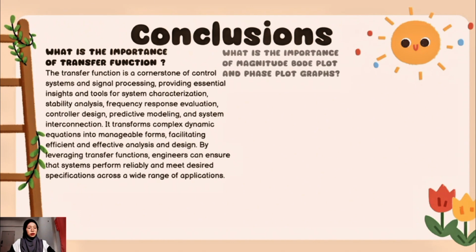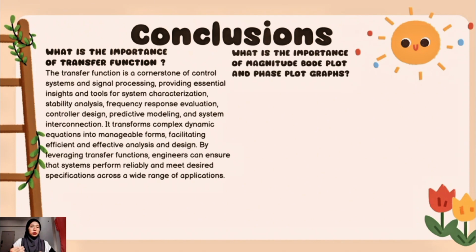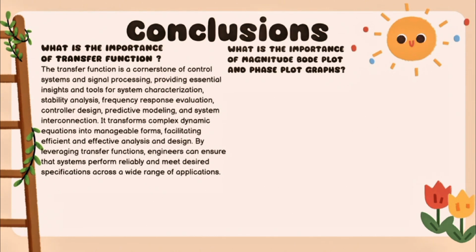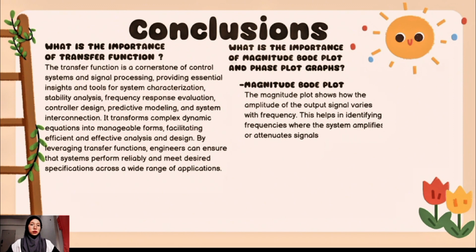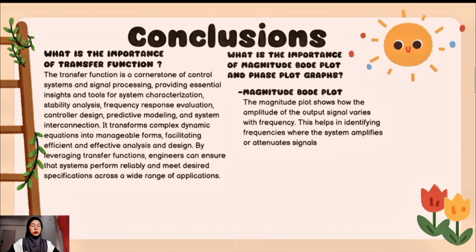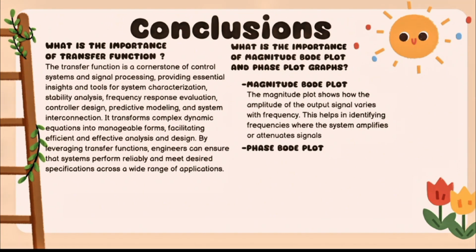So next is the conclusion for the importance of magnitude and phase Bode plots. Magnitude Bode plots show how the amplitude of the output signal varies with frequency. This helps in identifying frequencies where the system amplifies or attenuates signals.